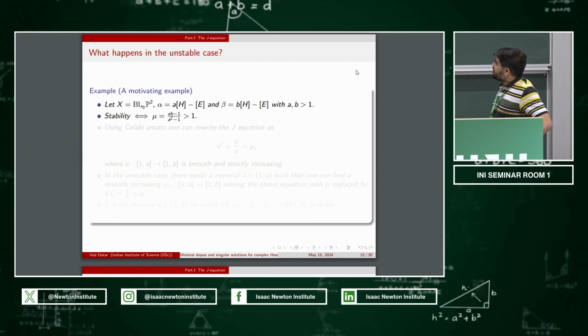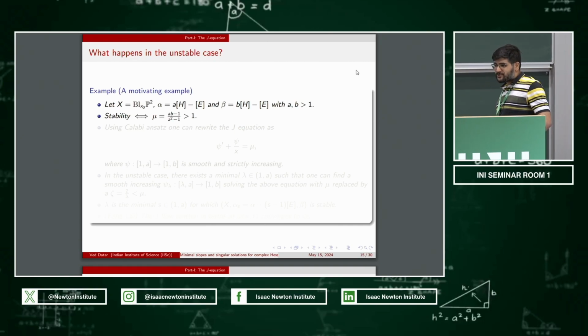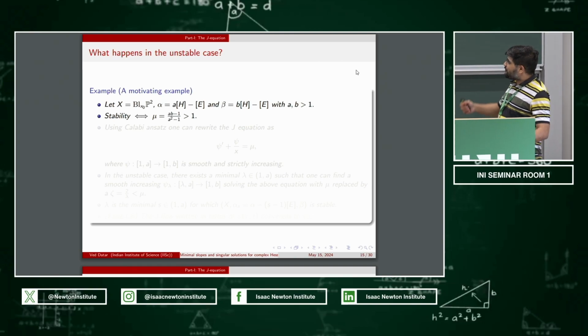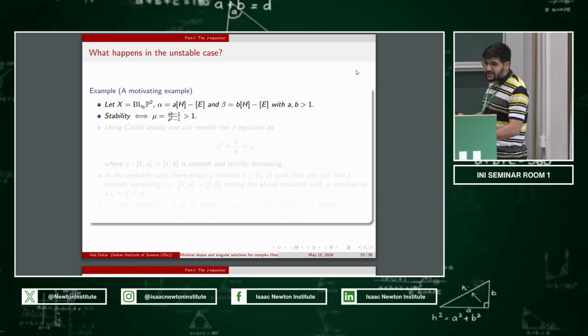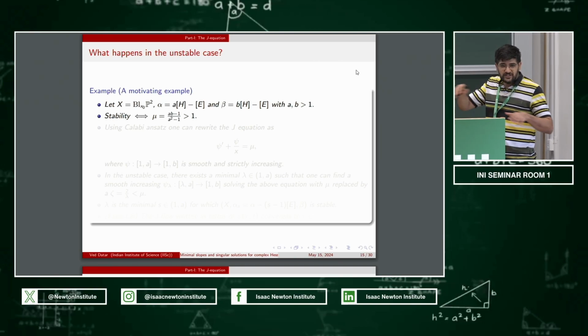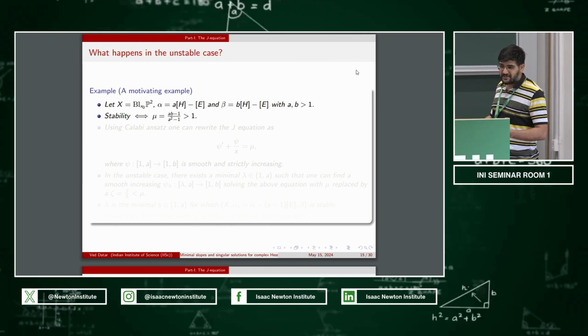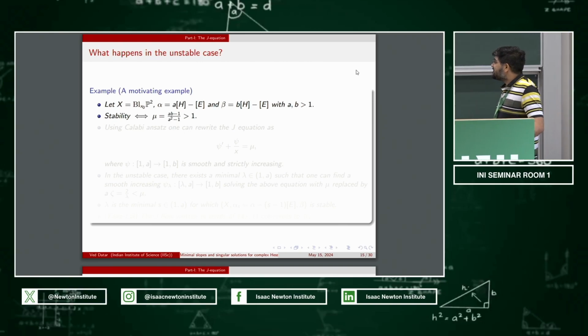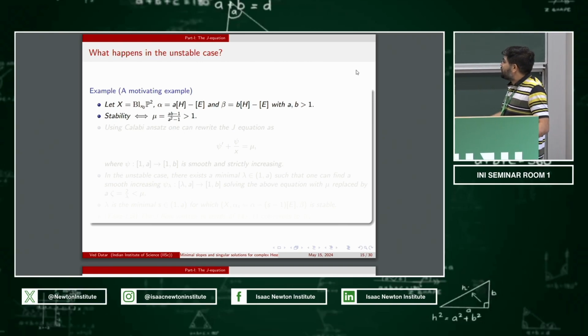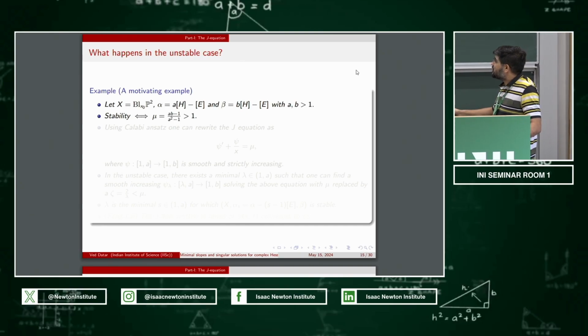Then it turns out that mu is given precisely by this quotient (ab minus 1) by (a squared minus 1). And then stability is precisely when mu is bigger than 1. In fact, for this particular example, to check stability, you just need to integrate on the exceptional divisor. So that's the minus 1 curve that destabilizes. If you integrate on that, you will basically get this condition that mu has to be bigger than 1.